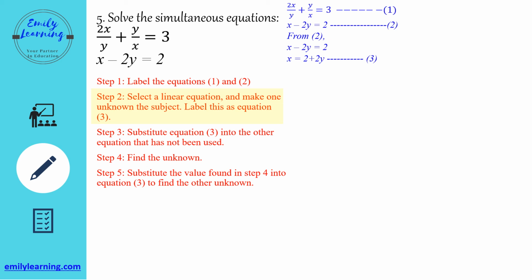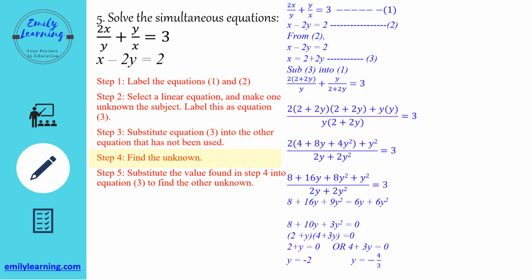Once you have made x the subject of the formula and labeled that equation, equation 3, substitute equation 3 into equation 1, which we have not used yet. For this question, you will need to do some algebraic manipulation because you are dealing with algebraic fractions. Put them into a common denominator, then do a cross multiplication. Then you will be able to solve for the unknown y.